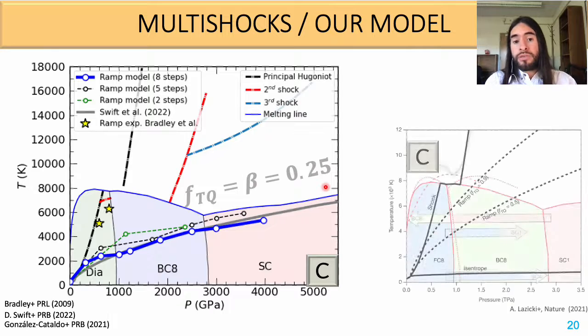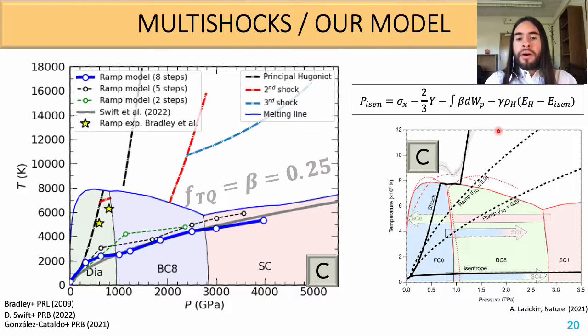This Taylor-Quinney factor was the same that was used in the experiments reported by Amy Lazicki to get a temperature in these experiments, but the fact that the Taylor-Quinney factor that is used to account for plastic work is so low means that just 1/4 of the plastic work energy goes into heating the sample.